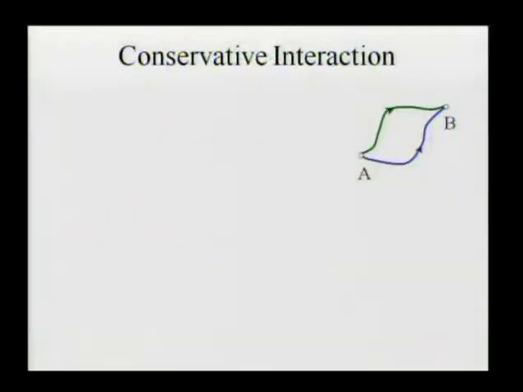First I will define what a conservative interaction is. So, if we have certain type of interaction that no matter how a particle or an object moves from one location to another location, the amount of work due to this interaction is going to be the same.